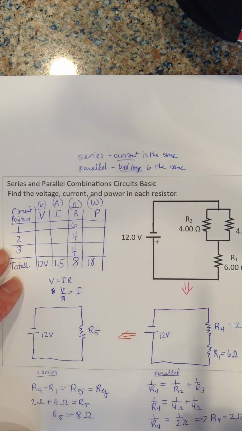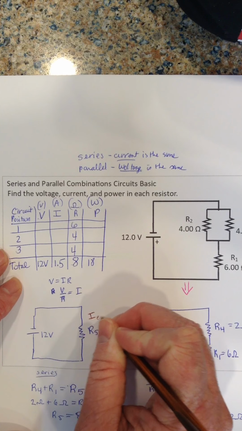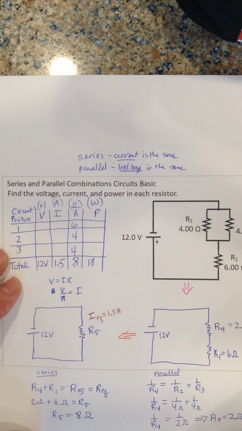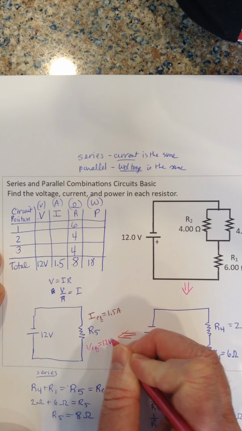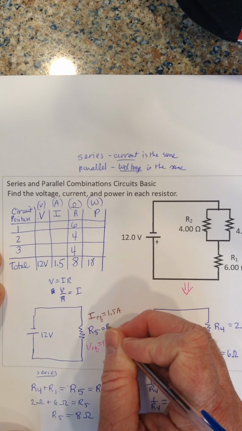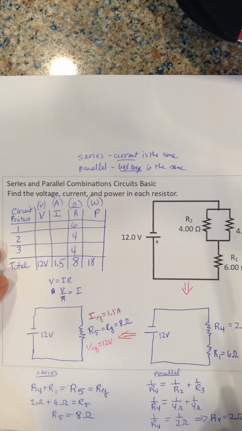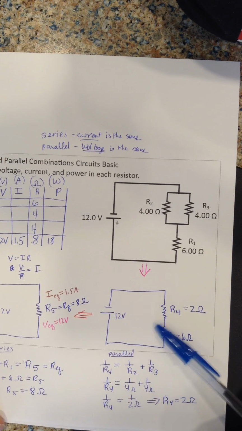We know the equivalent current, so IEQ here is 1.5 amps, and the VEQ is 12 volts, and the resistance REQ is 8 ohms. Okay, so now we're going to go backwards to this part of the circuit.